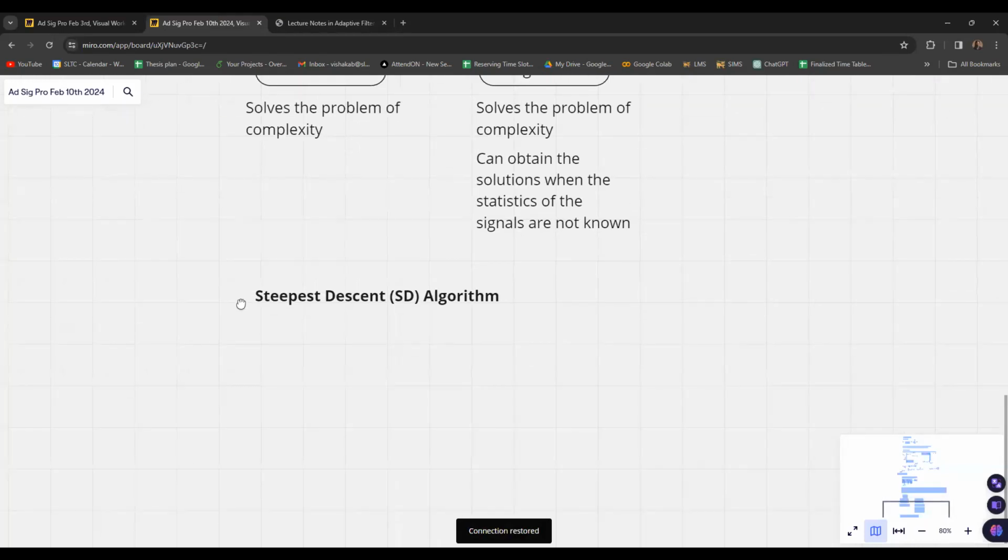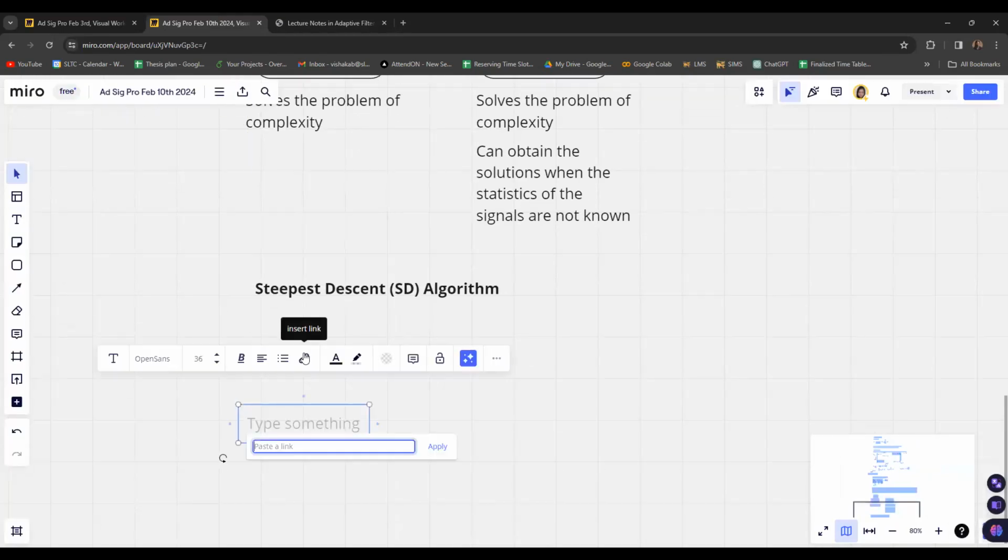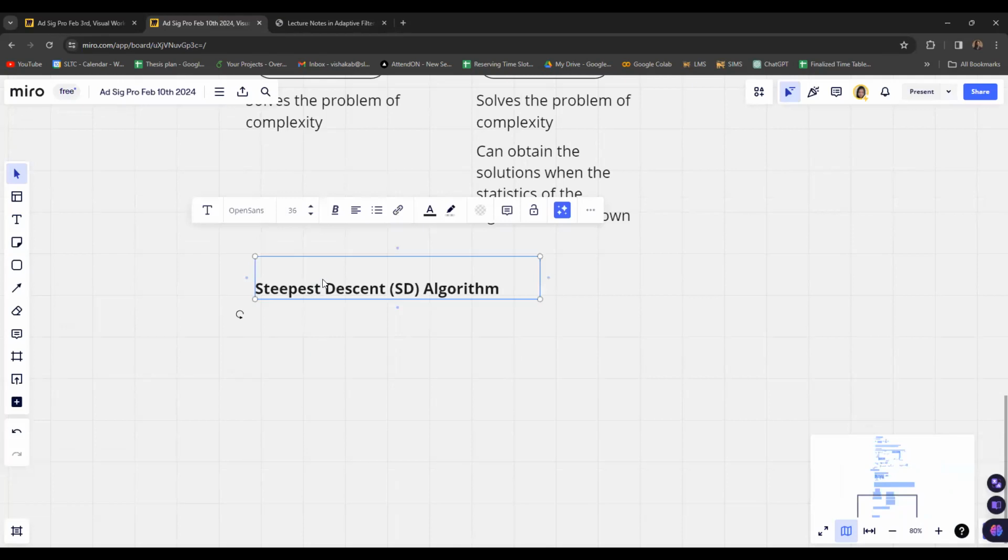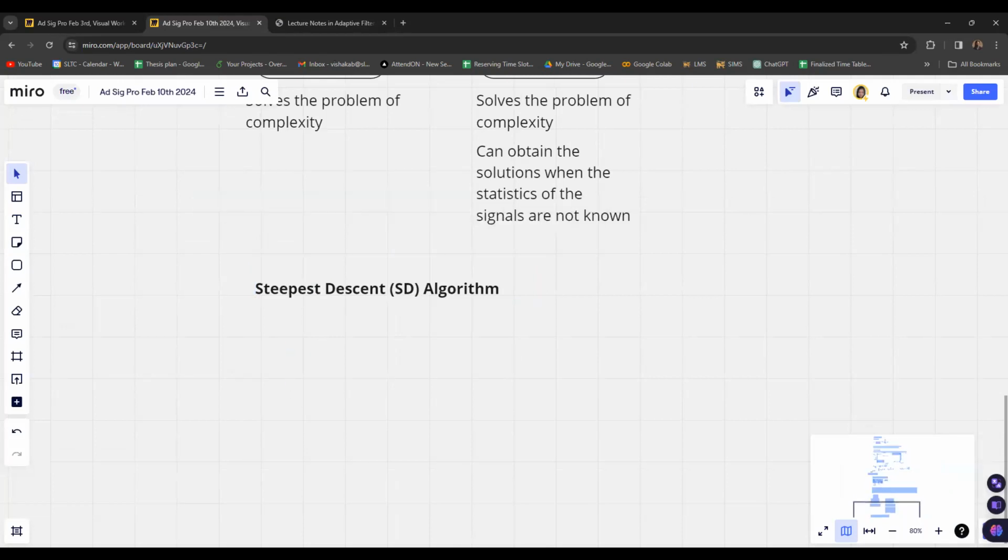With regard to the steepest descent algorithm, those are the things we are going to discuss, and we are going to use to find the best method to find the best filter coefficients for the system.